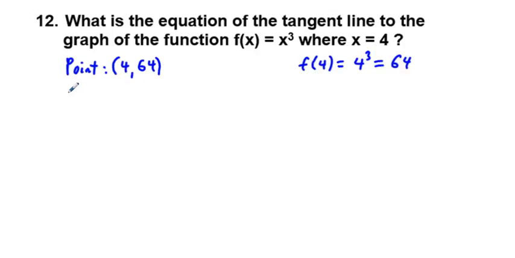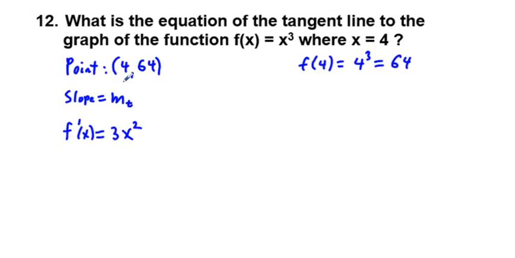The next thing we need is a slope. And we will call this slope m sub t. Okay, m sub t, what is that going to be? Well, if we find f prime of x, that's going to be the derivative of x cubed, which is going to be 3x squared.